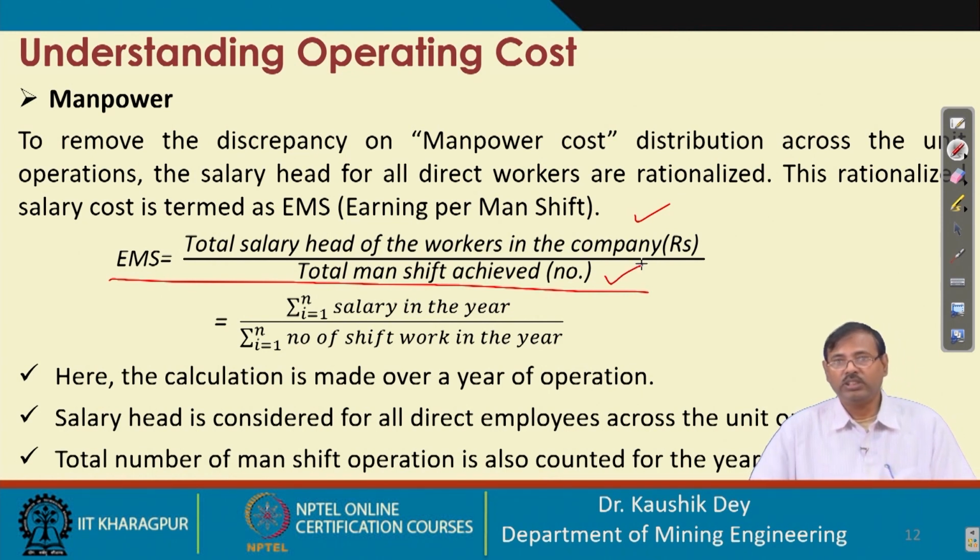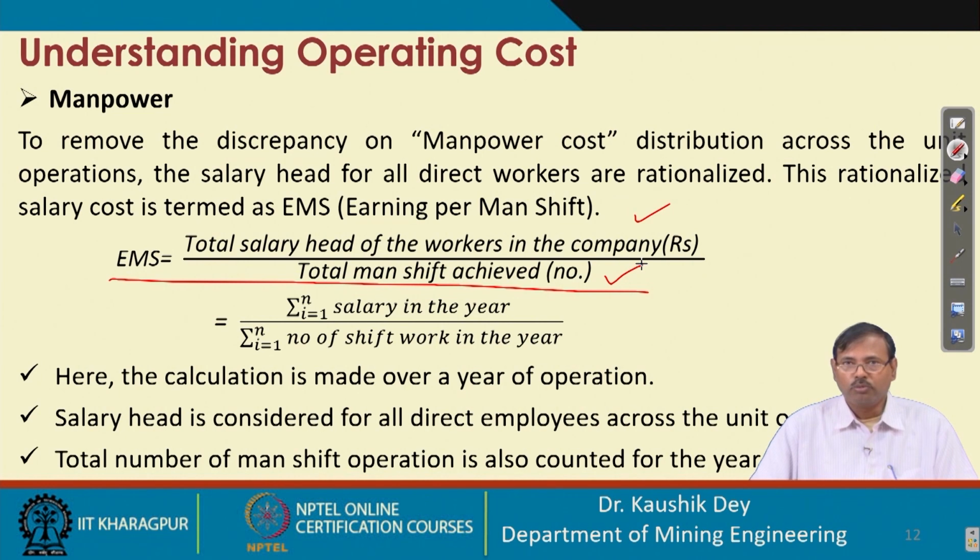Suppose there is a person who was asked to work for 300 days in that year, but he has taken some leave, he was absent, he has actually worked 270 shifts. So, every day one shift, considering that he has worked 270 shifts in that particular year.